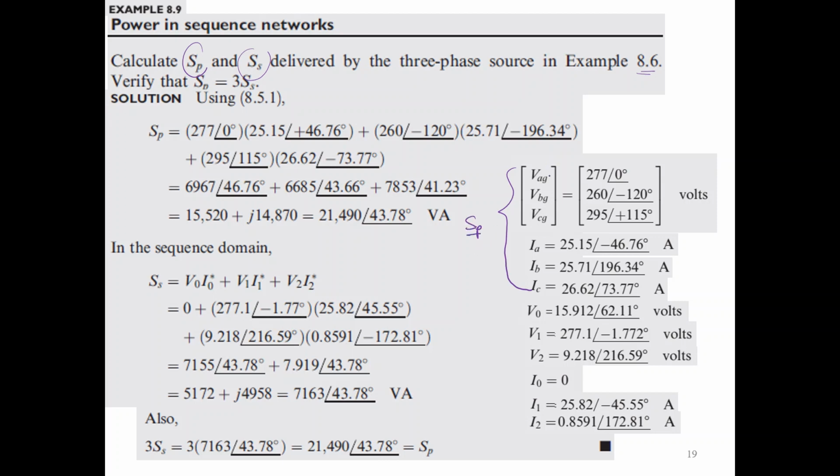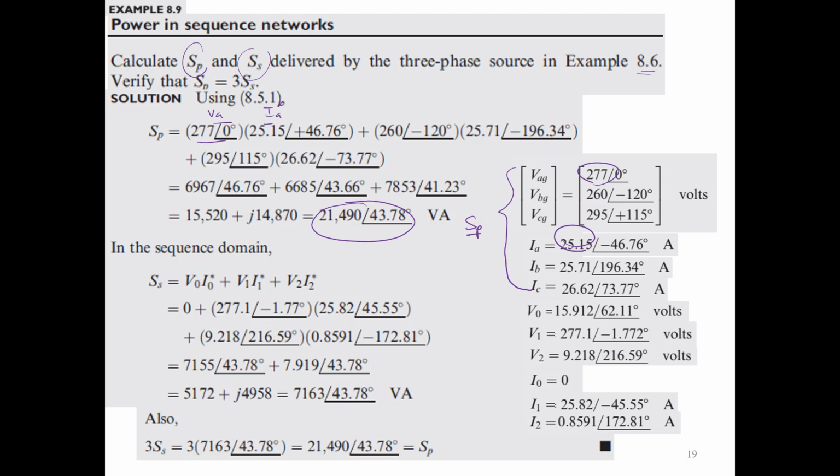How to do this one? Just simple, right? VA times IA conjugate. This guy times the conjugate of this guy, and you do the same with the other two phases. So now you get this equation. Now you analyze this in the sequence domain.